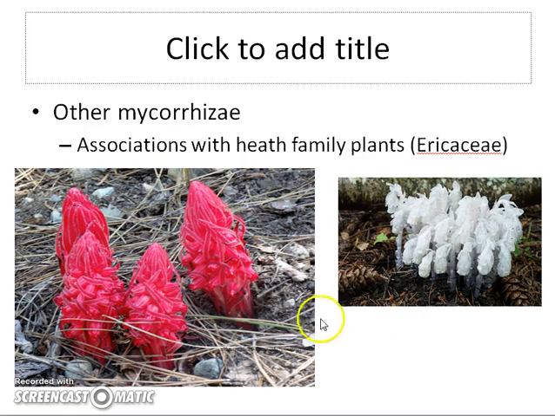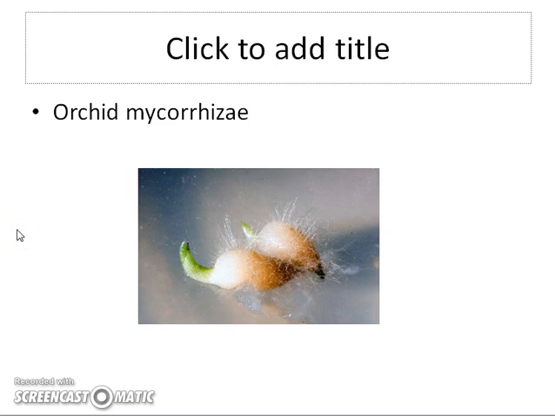So what happens is they have a mycorrhizal association, and it's the fungus that is absorbing materials so the plant can survive. And then also orchids. Orchid seeds are so tiny, there's really no stored food for that little embryo. So you've got to have the mycorrhizae find it at the beginning, otherwise the embryos will not be able to grow.